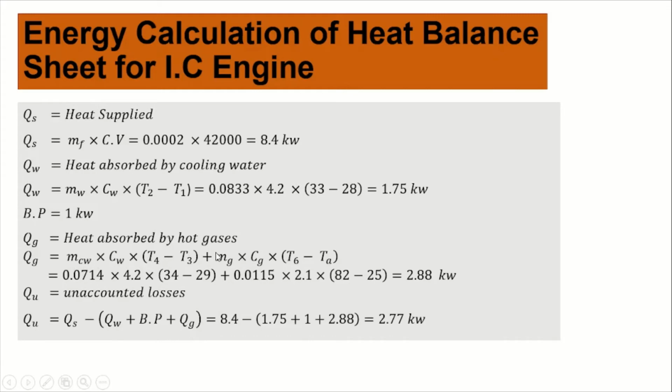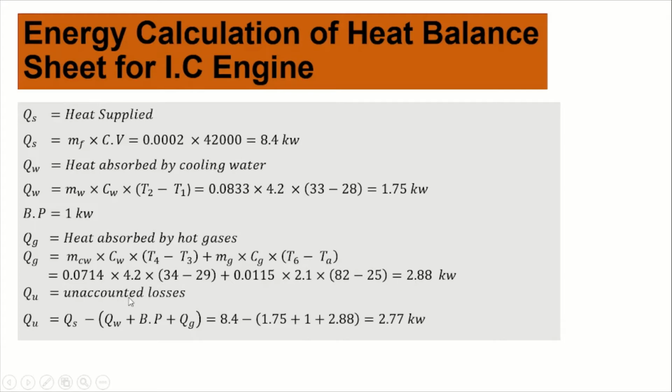After that, some energy in the hot gases is not absorbed by the cold water: the mass flow rate of gas, specific heat of gas and the temperature difference between the hot gas outlet temperature and the ambient temperature. From this equation we get the heat absorbed by the hot gas as 2.88 kilowatt.